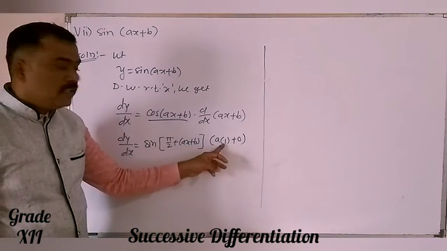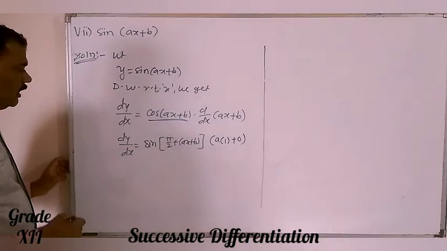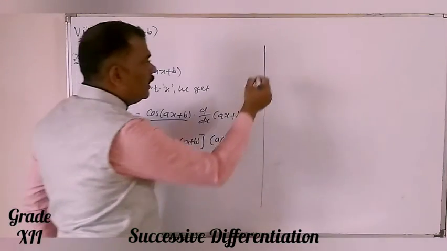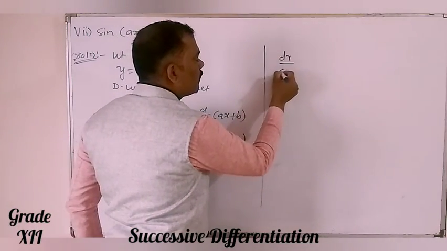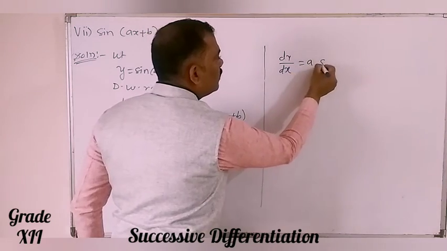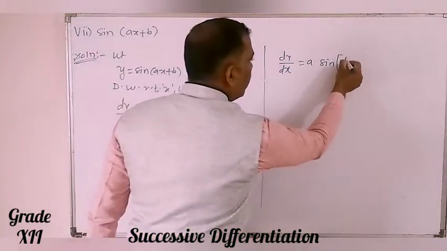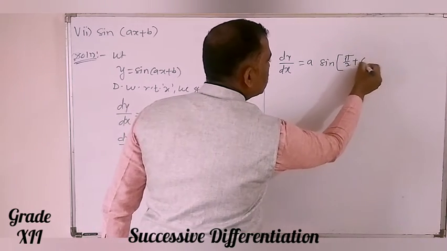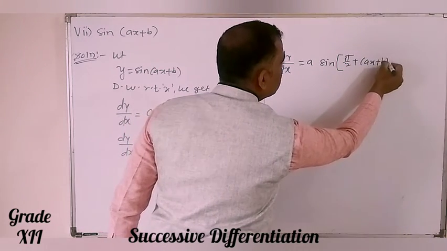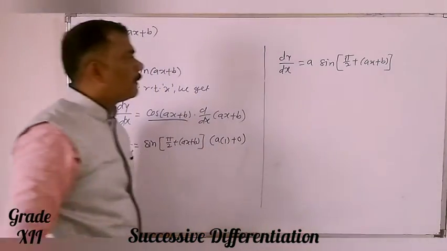That is a into 1 plus 0, that is a. So we can write dy by dx is equal to a into sin of pi by 2 plus ax plus b.